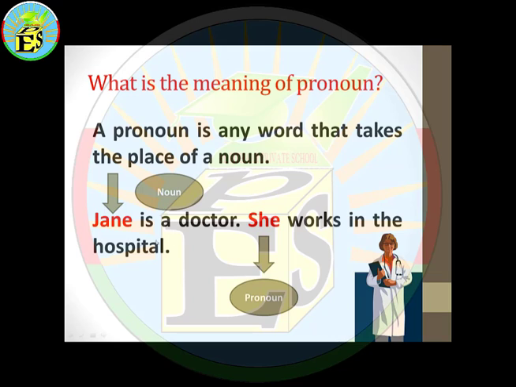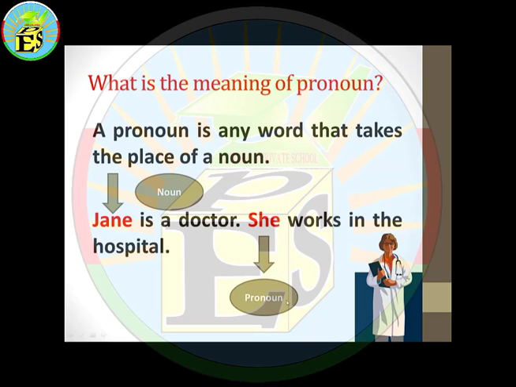So here we have: Jane is a doctor. Please focus on the words that are written in red. So Jane is the noun. Then we have another sentence: She works in the hospital. So instead of writing Jane again, we wrote she.